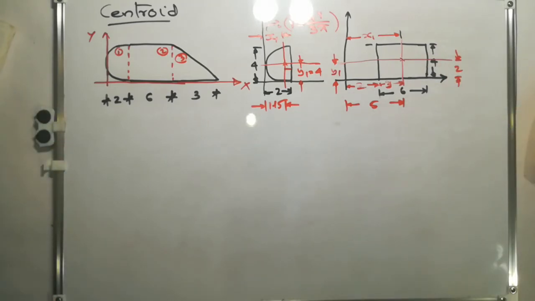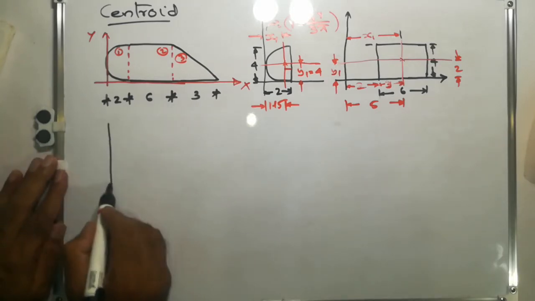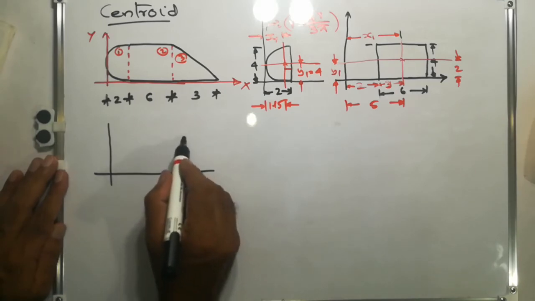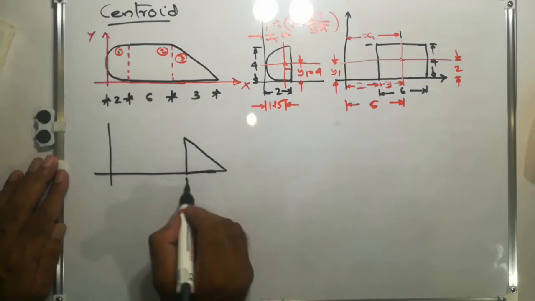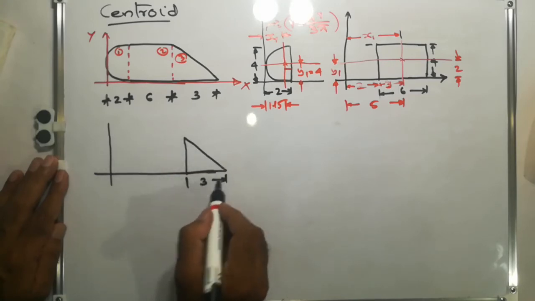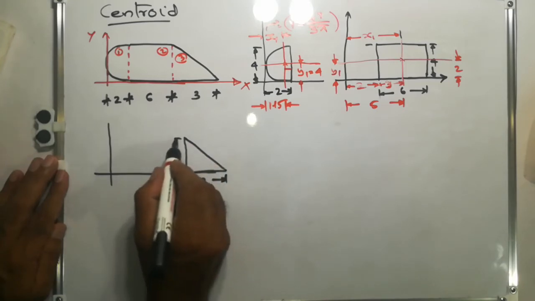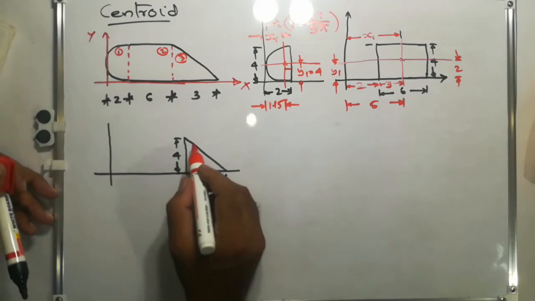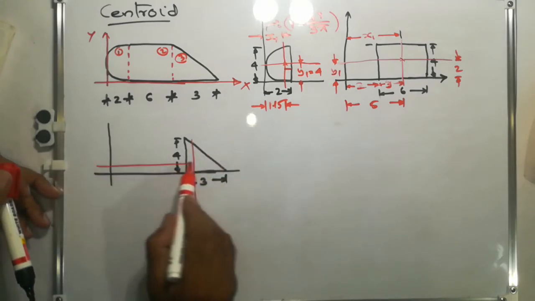Then for the third area, that is a right angle triangle, we have a triangle like this. This is 3 centimeters, this is 4 centimeters, and the centroid is somewhere here.